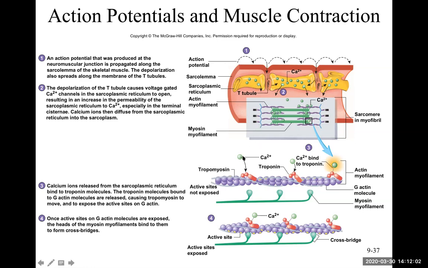The calcium binds to troponin. Troponin then shifts and moves tropomyosin out of the way. As tropomyosin's moved out of the way, the binding sites open up. As they open up, myosin and actin can interact, and myosin pulls actin to the middle over here.